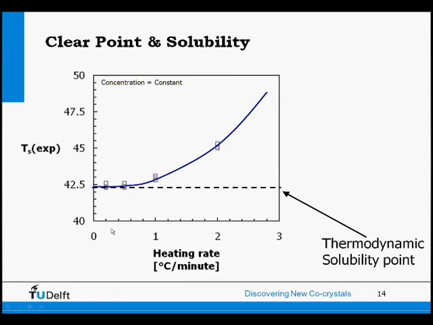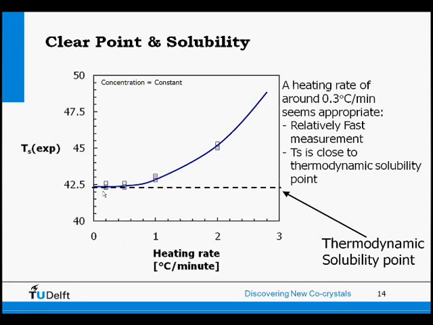So there you see that the crystals get enough time to dissolve when you increase the temperature. So upon decreasing the heating rate, you get closer and closer to the thermodynamic solubility point, and that is actually what you want to know, the thermodynamic solubility point.